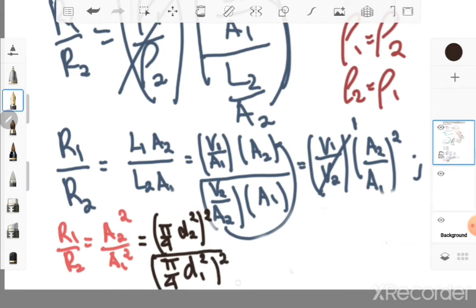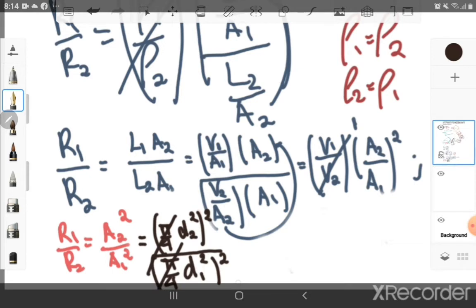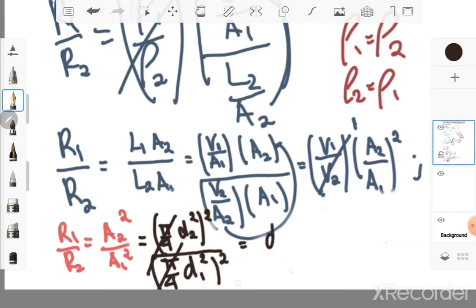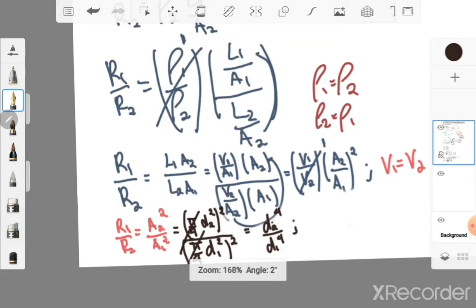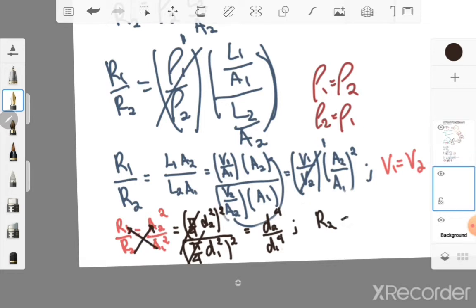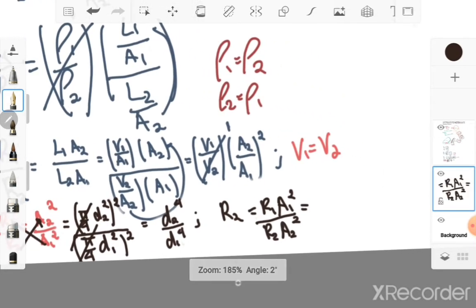Since pi over 4 over pi over 4 is equal to 1, I may cancel it. So we have D2 raised to 4 over D1 raised to 4. So, more manipulation of the equation, I may say that my R2 is equal to R1 multiplied by A1 squared over A2 squared, which is equal to R1 multiplied by D1 raised to 4 all over D2 raised to 4.